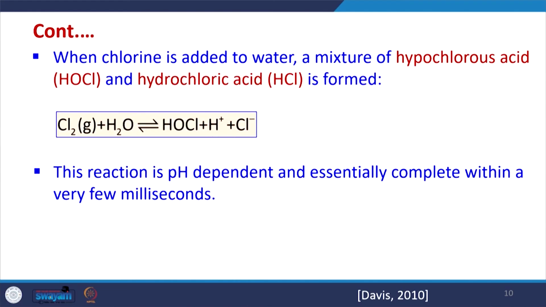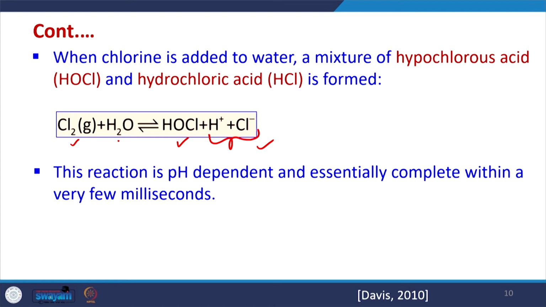Now, when chlorine is added to the water, a mixture of hypochlorous acid and hydrochloric acid gets formed via this reaction. You can see that chlorine gas will react with water, and we have hypochlorous acid as well as hydrochloric acid getting formed.